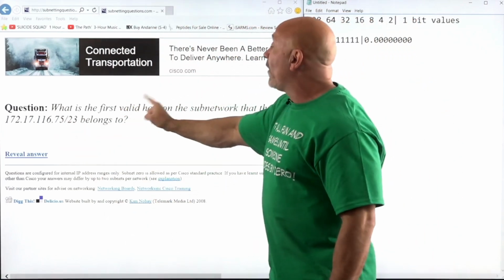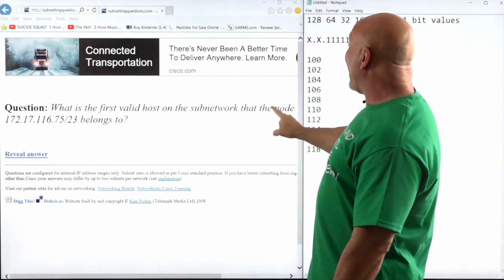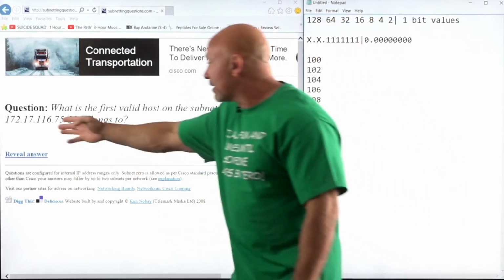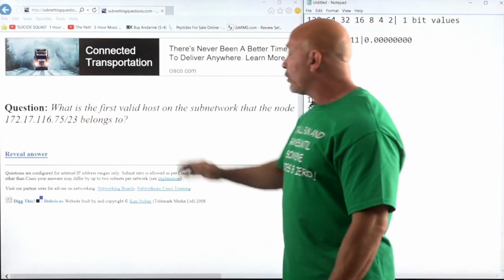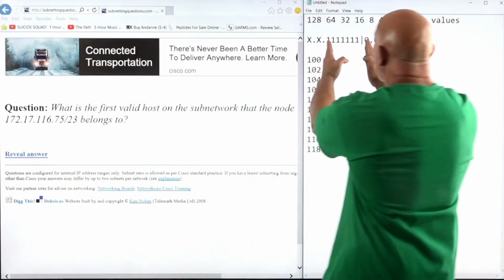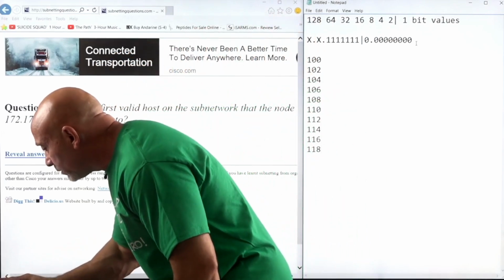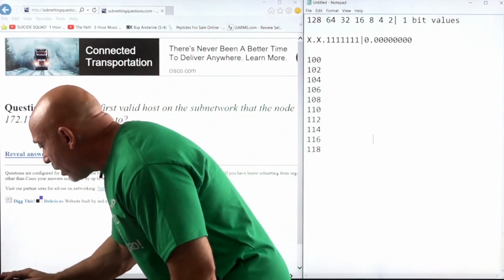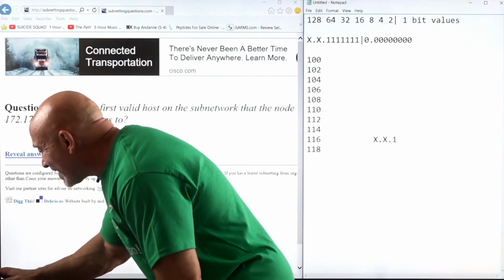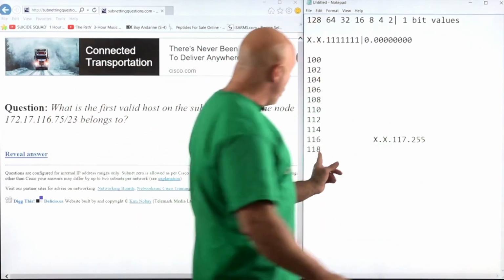What is the first valid host on the subnetwork that this particular IP address, the .75 address, belongs to? Well, check this out. We're working in 2 octets. Yes, we are. So x.x.117.255 will make the next network 118.